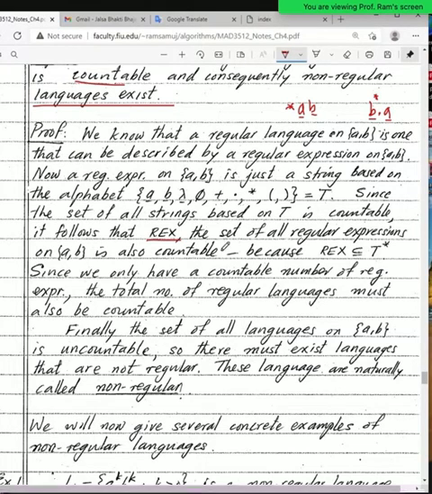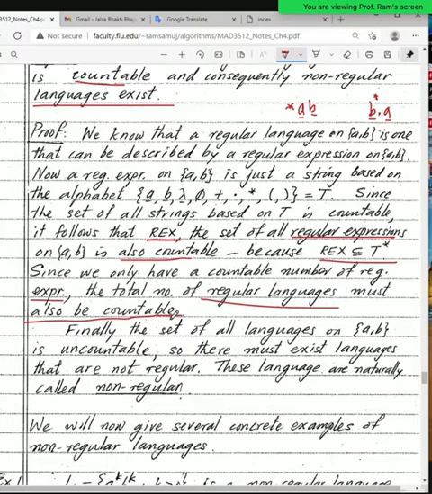Now, since the set of all strings based on this alphabet is countable, it follows that the set of all regular expressions is also countable. And since we only have a countable number of regular expressions, the total number of regular languages will be countable. So how do you know that? Well, every regular language can be described by a regular expression, and sometimes two regular expressions describe the same language.